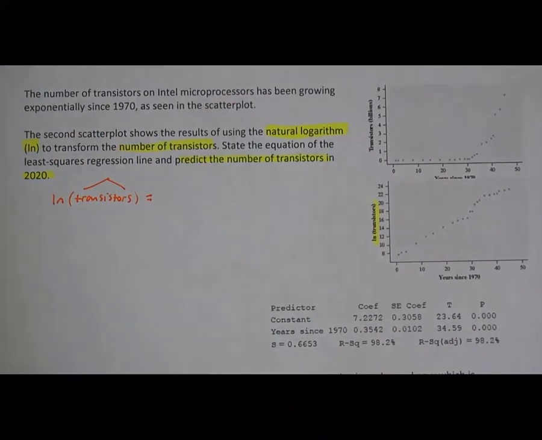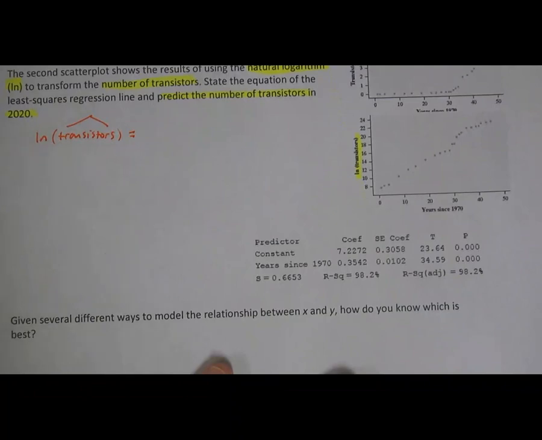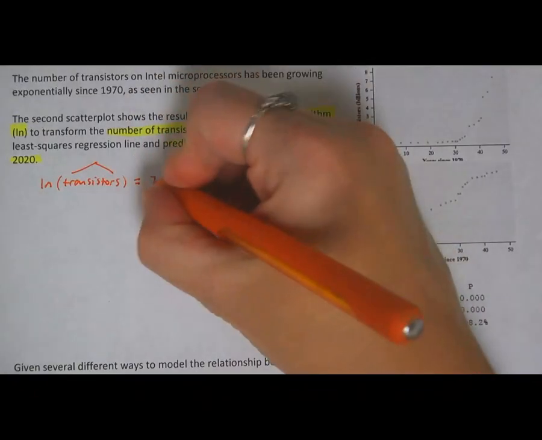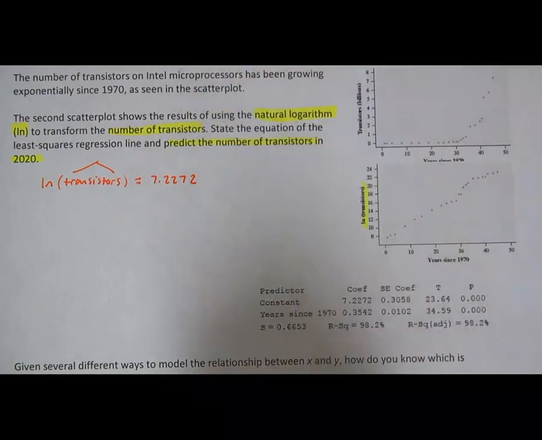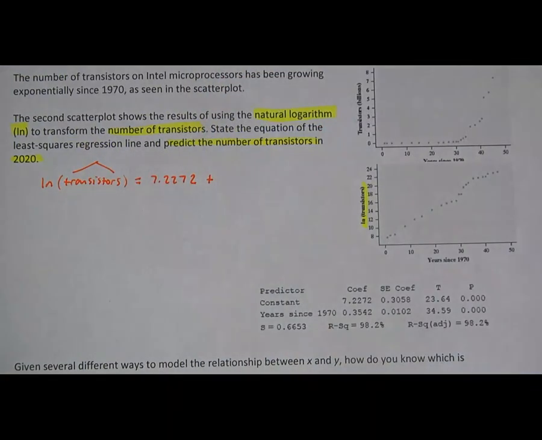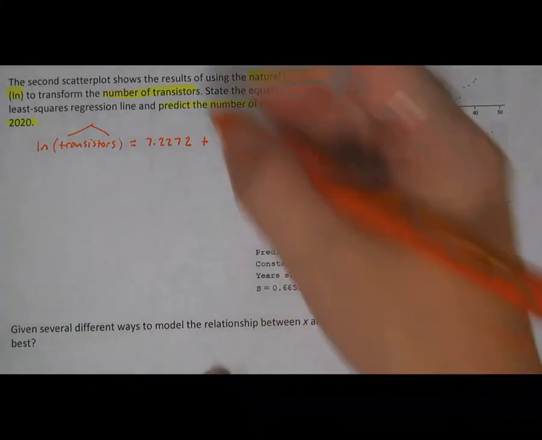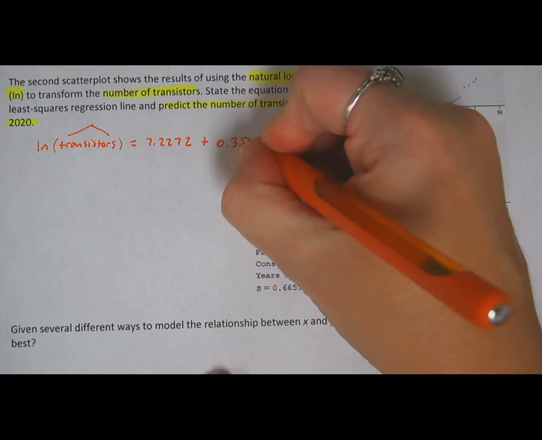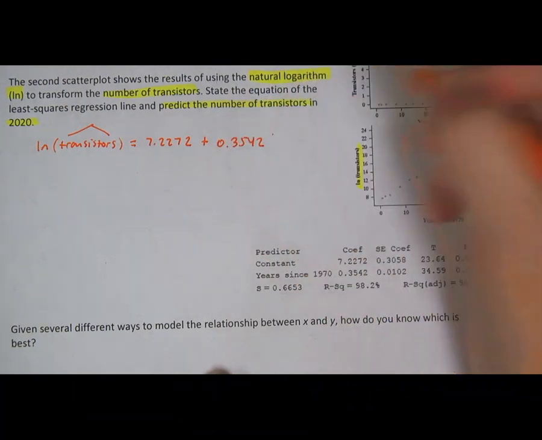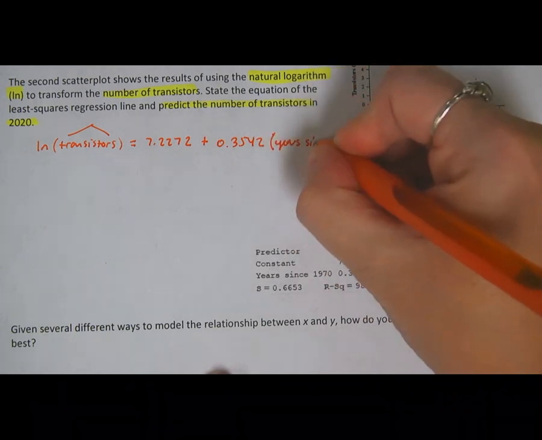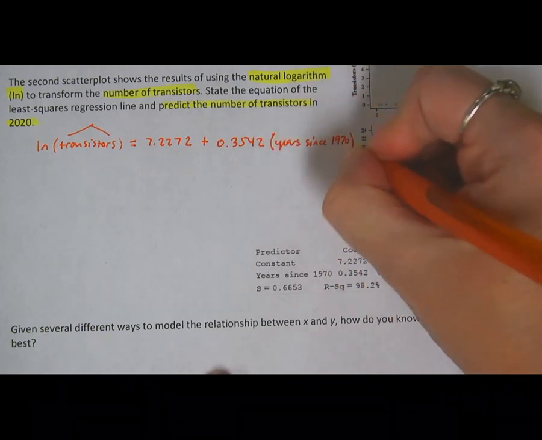It's the response variable. The computer readout tells me that the y-intercept is 7.2272. The slope is positive, and nothing was done to the years since 1970, so the slope is 0.3542. And my x value is years since 1970.